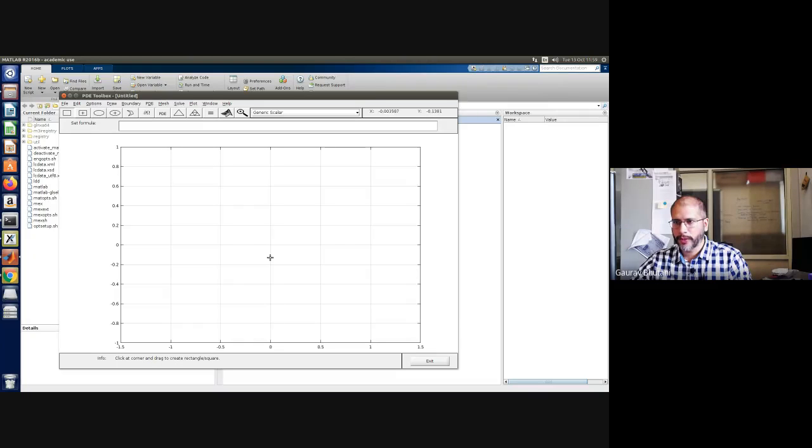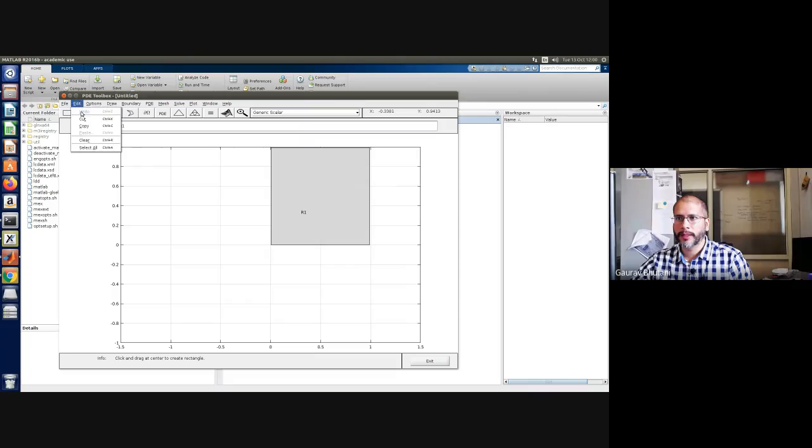So I start with 0, 0, which is this. And then remember, x went from 0 to L. So let's take L and W both equal to 1. So it's a square domain. Well, it's not exactly a square.